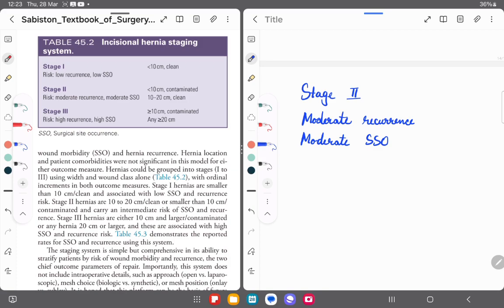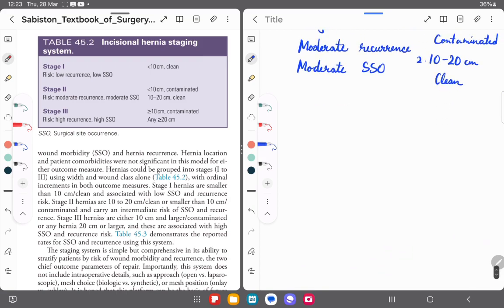So this is stage 2 and it is less than 10 centimeter contaminated, and or number 2, 10 to 20 centimeter clean. So this will come under stage 2.